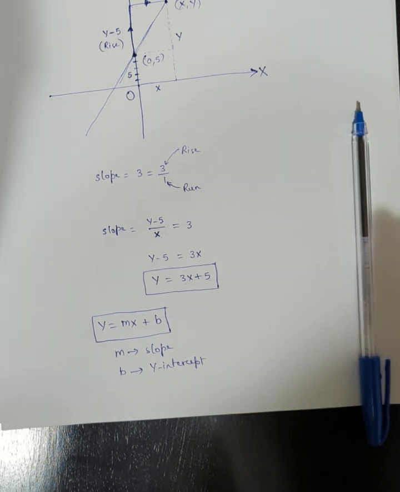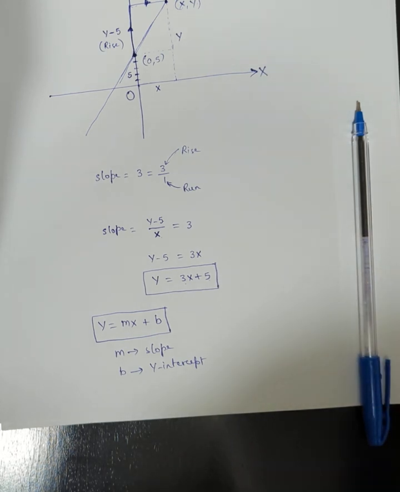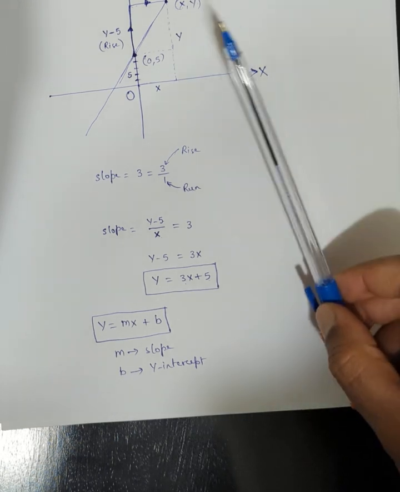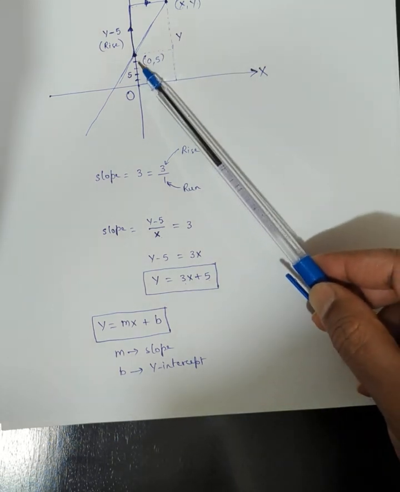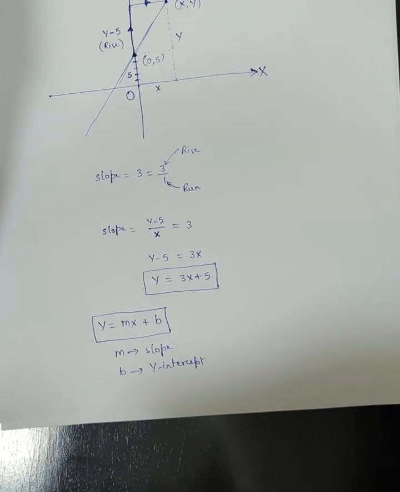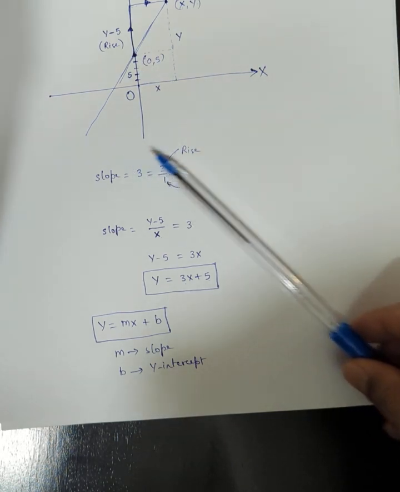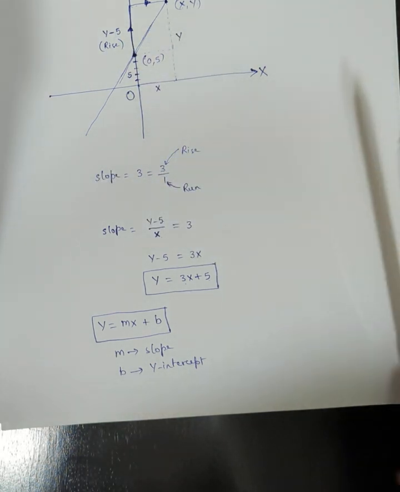Now this is one of the several forms. The other forms that we'll be talking about in subsequent videos would include slope again, but not this nice special point y-intercept, but it could be any point in the plane.